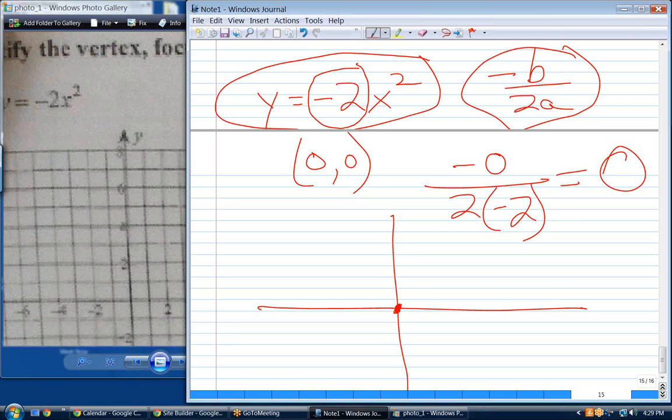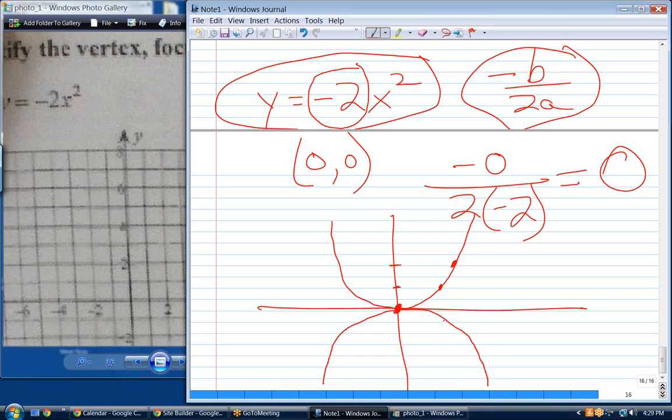The X. In other words, if I didn't have this -2, it would be a normal looking parabola like this. Whereas if X had a value here, there's the Y value. But now everything is going to have a minus sign in front of it, so it has to be this.